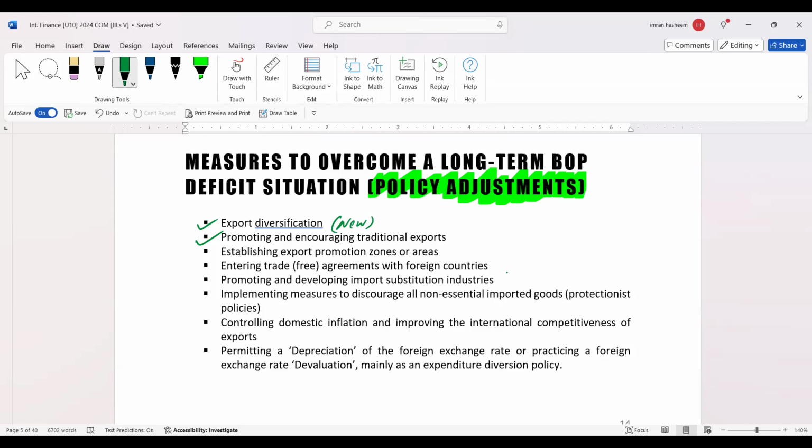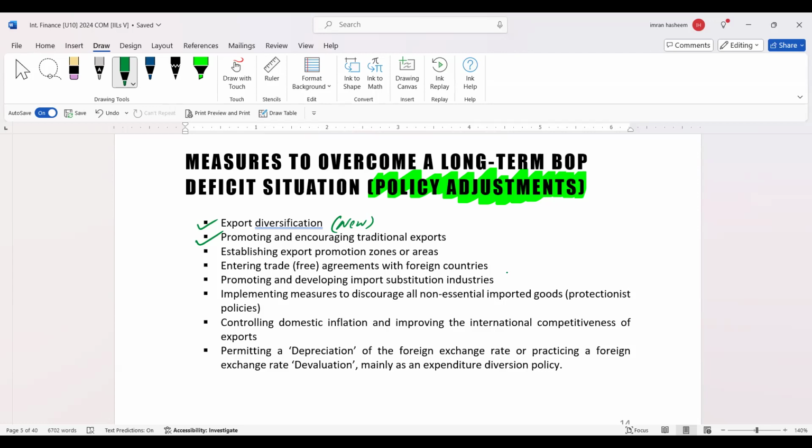In Katunayaka, we have Biyagama, we have Sitawaka, Visavella, we have Koggala, we have Hambantota. We've identified these areas and we have developed them with all the infrastructure, all the facilities, into export promotion zones where certain tax benefits are given.